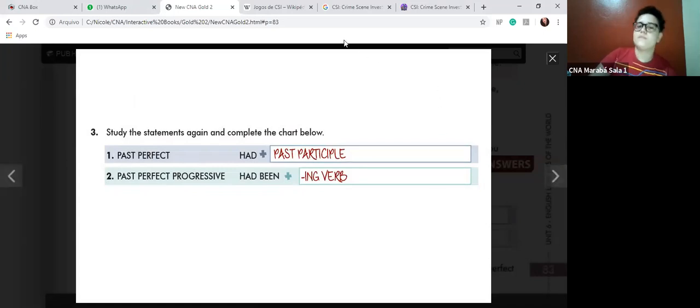What's the difference? In the past perfect, we have 2 situations that were completely finished in the past. And in the past perfect progressive, we have 1 situation that was in progress when another situation started, but both situations are already in the past and both situations are already finished.